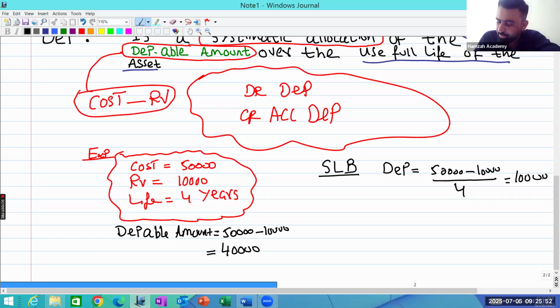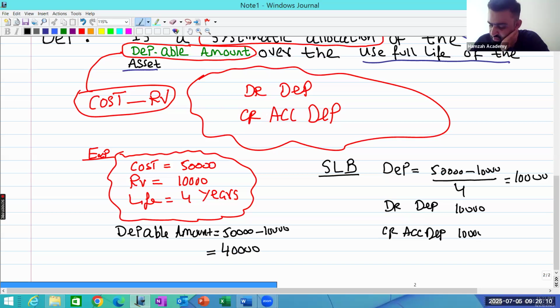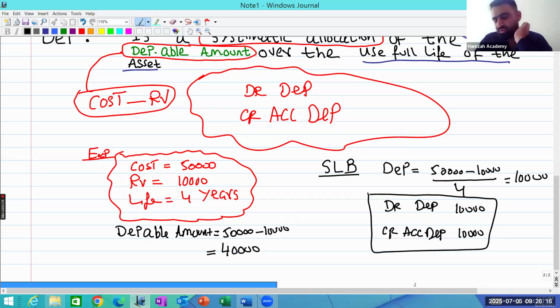So per year depreciation will be 10,000, and in each year depreciation will be debited and accumulated depreciation will be credited with $10,000.